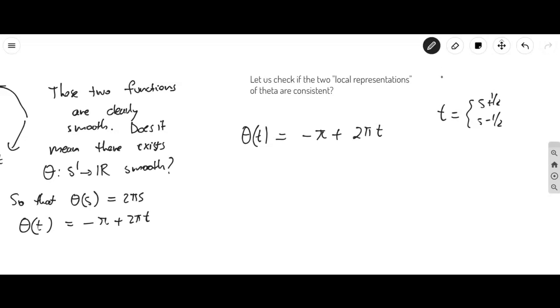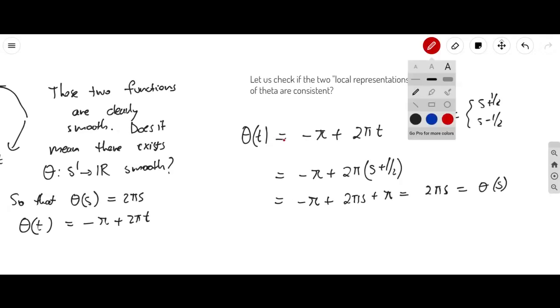So let's say it's s plus a half. Then we would have negative pi plus 2 pi times s plus a half, and that will give us negative pi plus 2 pi s plus pi, which is 2 pi s, which is theta of s. So you can see that theta of t is equal to theta of s.